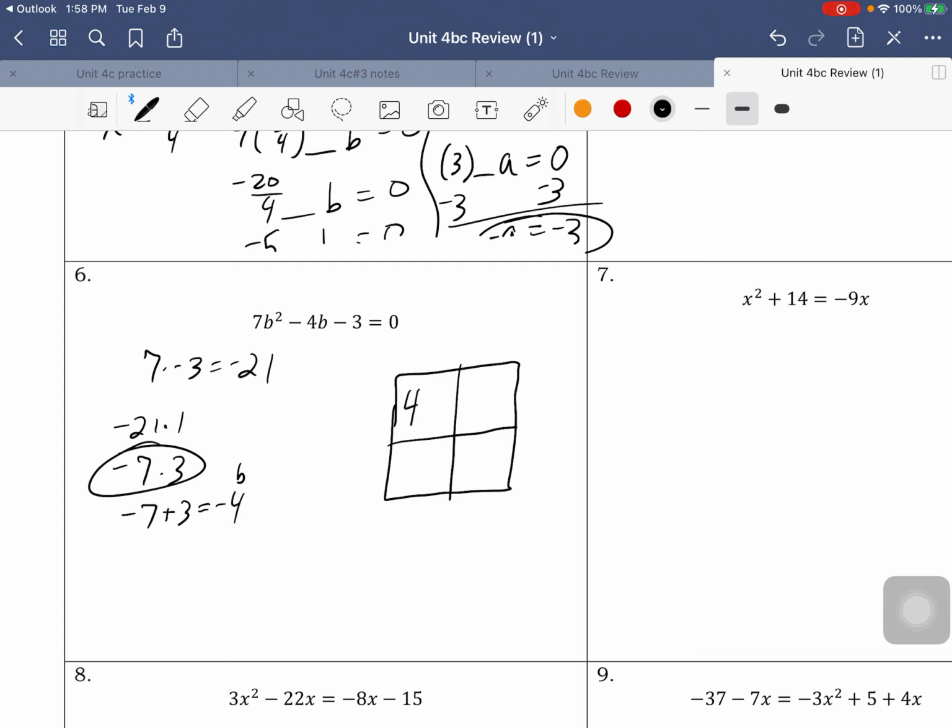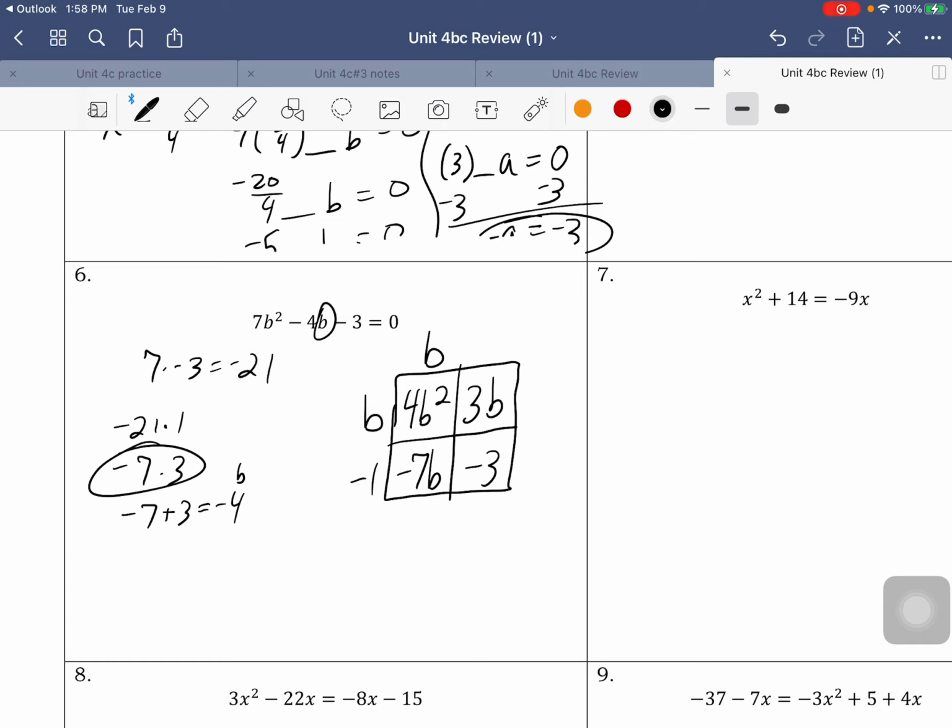We have the a term top left, c term bottom right, the two numbers we just came up with for the b term's variable. And take out your greatest common factor of each row. So bottom row is negative 1, top row is b, first column is b.